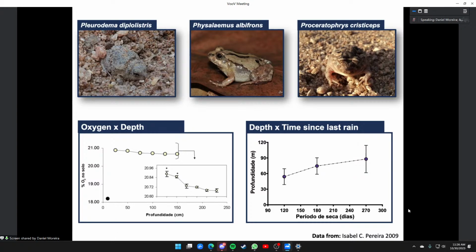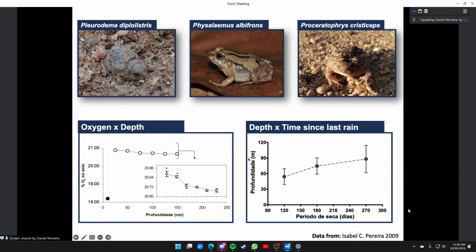And what we knew at the time of collection is that animals are not oxygen limited. This graph in the bottom left shows the depth of the soil and the concentration of oxygen. And we see that up to 1.5 meters, there is no hypoxia in the soil.